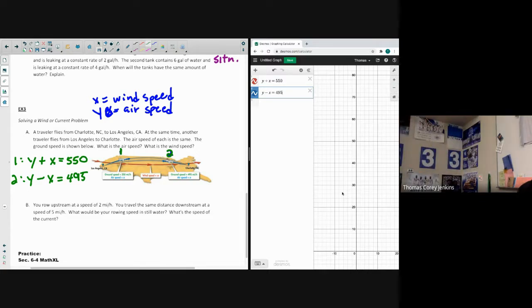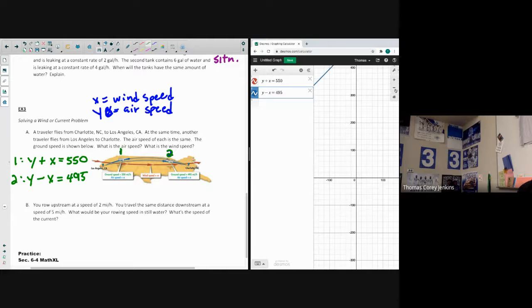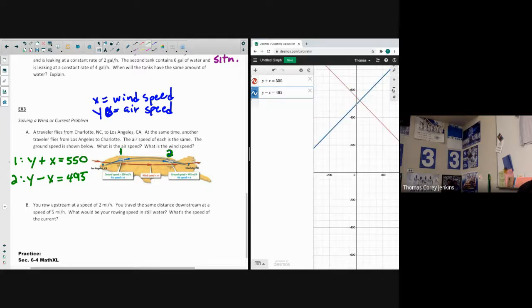As it is, we really see nothing. So let me zoom out until I can see both lines and look for that point of intersection.